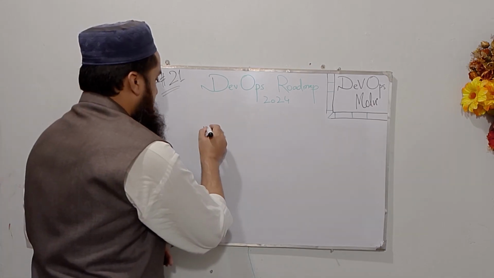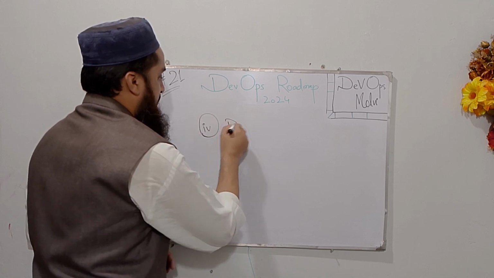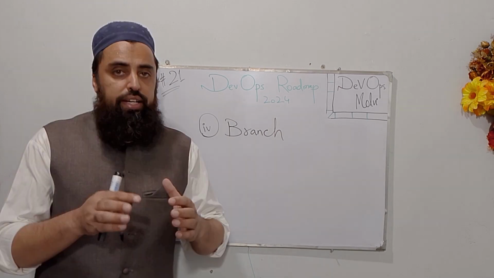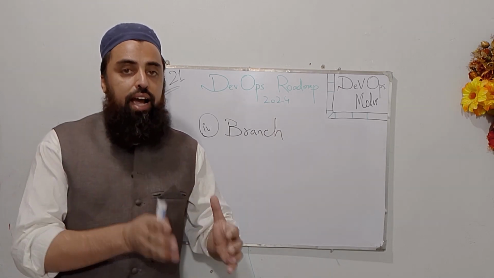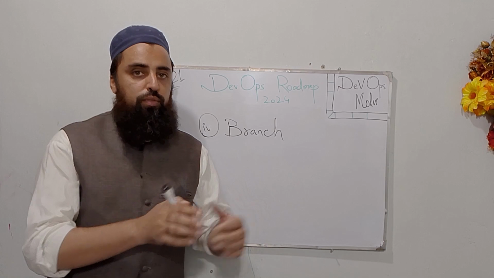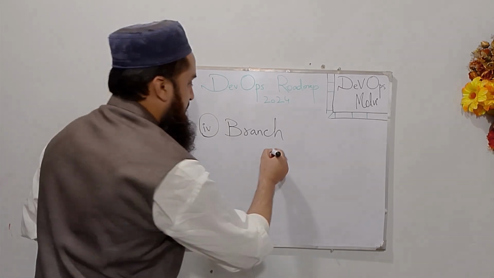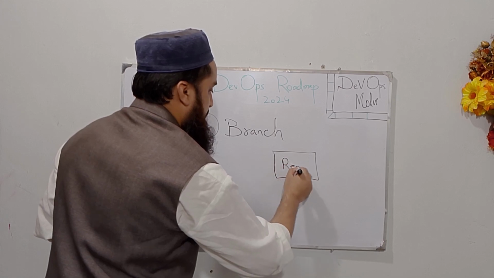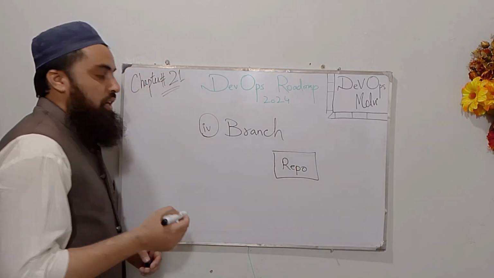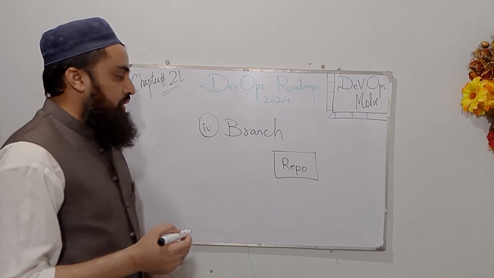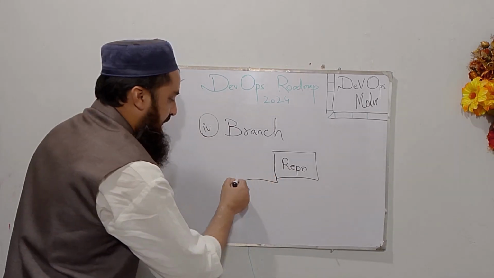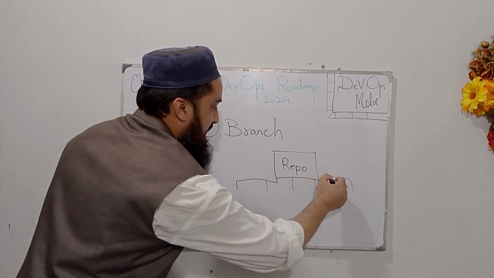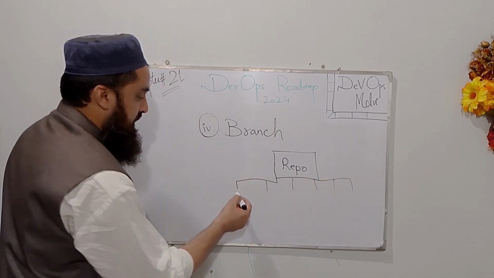Now, the fourth term that is extensively used in Git is branch. In simple words, a branch is an isolated space for a developer. For instance, if we have this main repository and there are a lot of developers working on that code repository, each developer can create his or her own branch and work on any specific folder or feature.